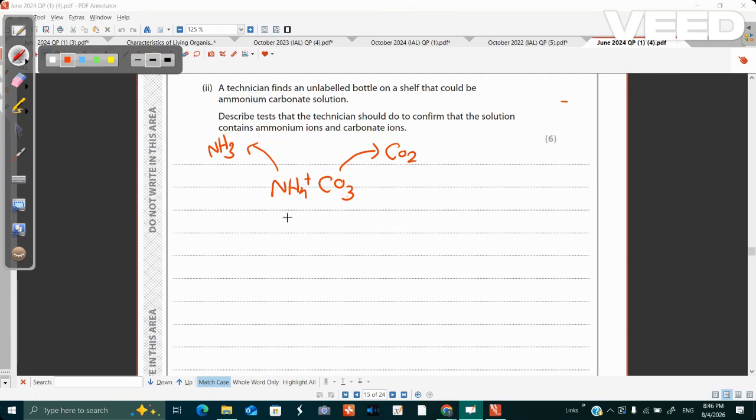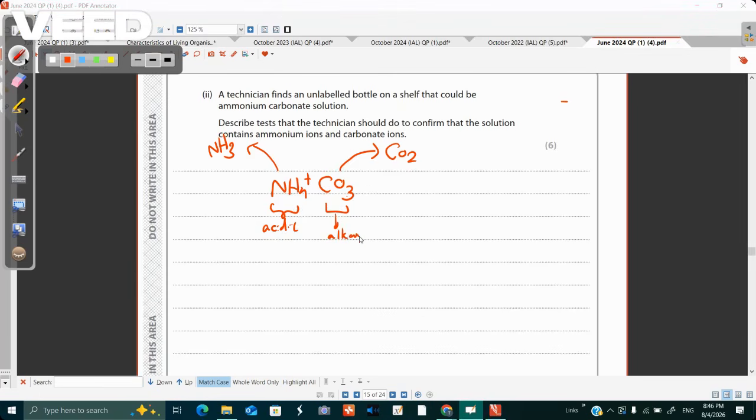Right? Because the ammonium ion is acidic. The carbonate ion is alkaline, and when you add acid, you can release carbon dioxide.